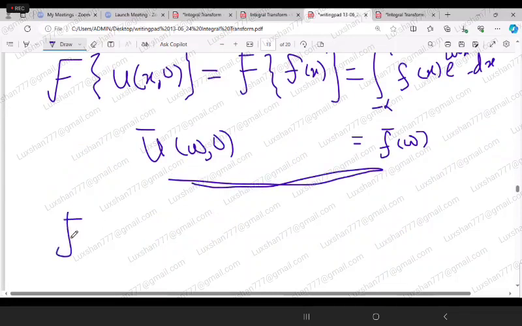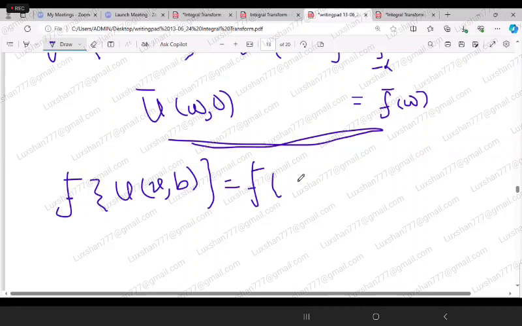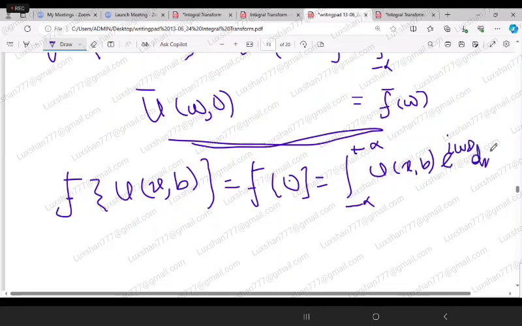Similarly, the Fourier transform of u(x, b), the function is 0. u(x, b) is 0, equal to the integration from minus infinity to plus infinity of u(x, b) e to the power i omega x, which is equal to u bar (x, b).